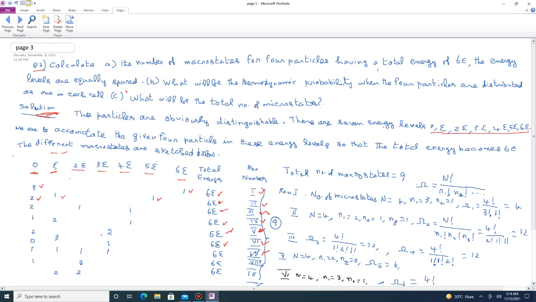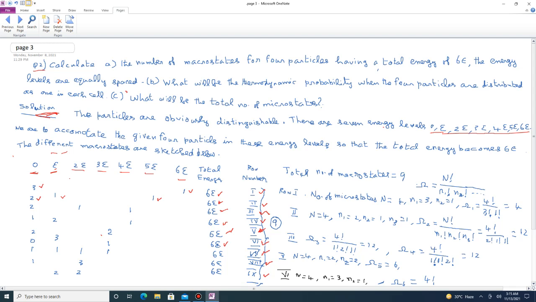So that is another macrostate. Then one particle with 0 energy, 3 particles with the energy 2E. Again, the total energy is 6E, which is the 8th row. And the 9th row, 2 particles with energy E and 2 particles with energy 2E. So 2 into E plus 2 into 2E, which is 6E. So this is the 9th. So these are the different macrostates.